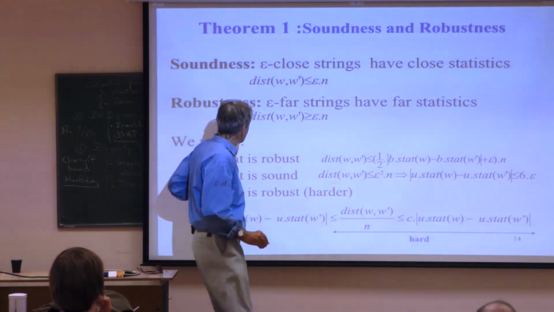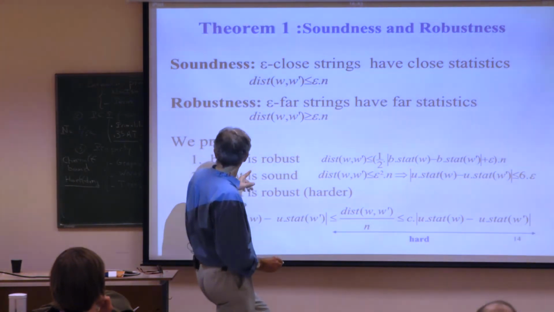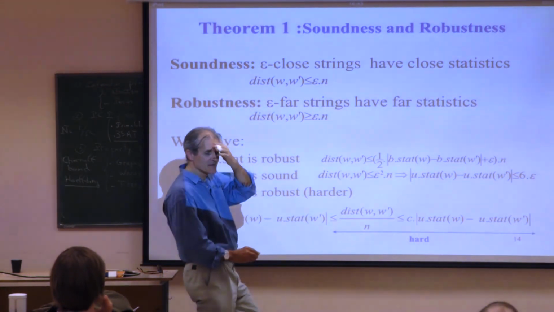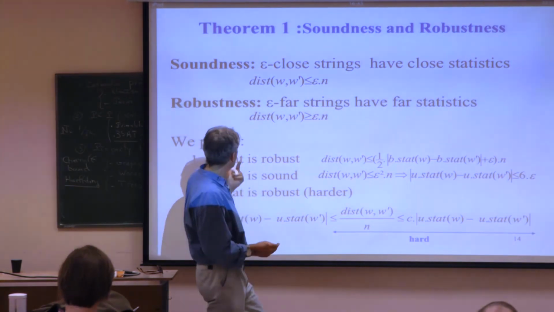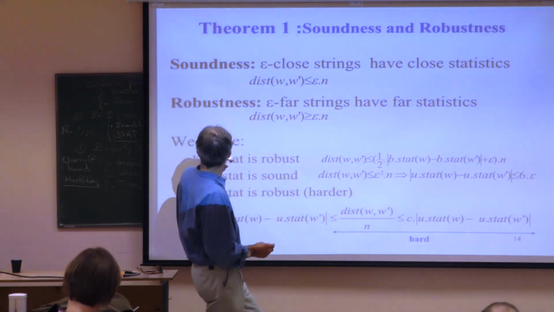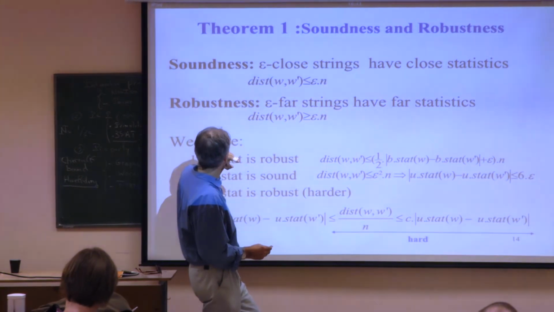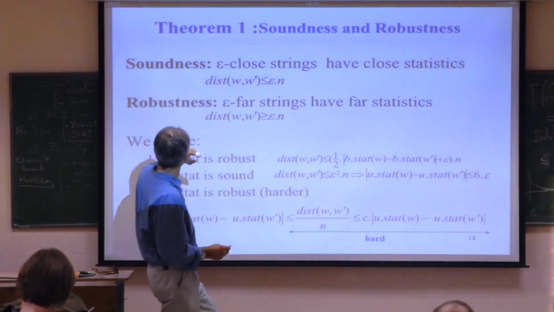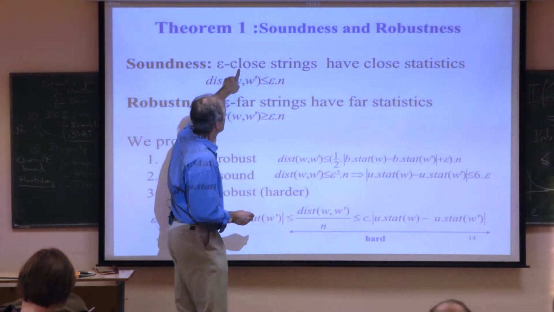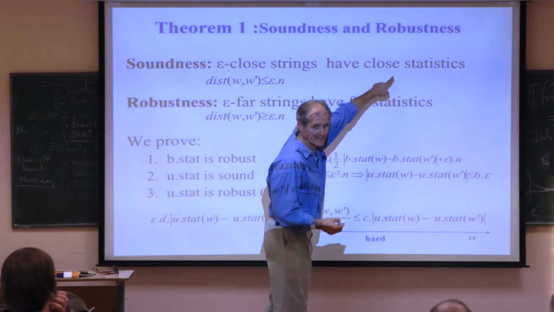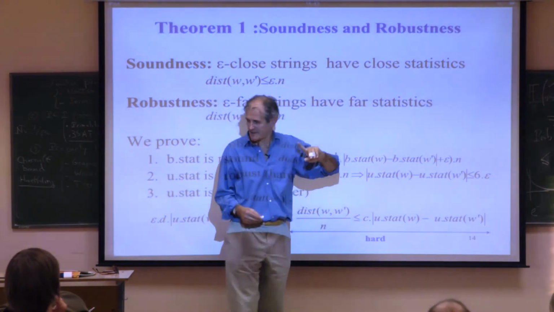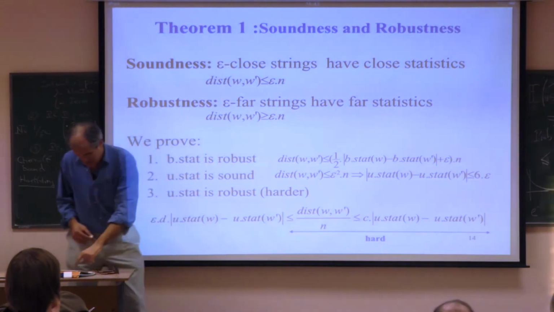All right. Now to show this, I will need a B stat. One of the properties is very simple: to show that epsilon-close strings have close statistics. So why is it simple?